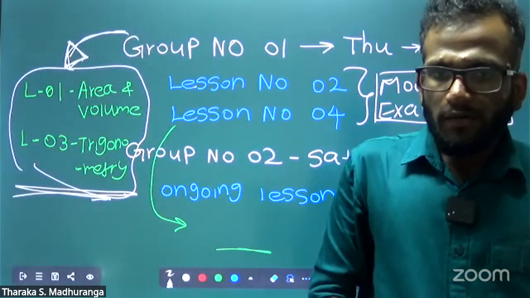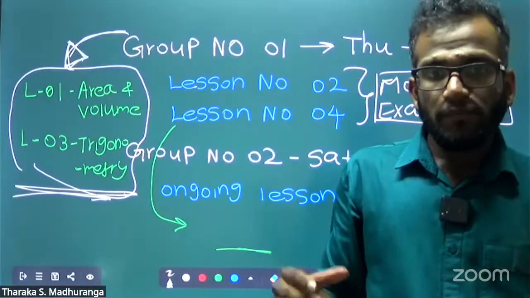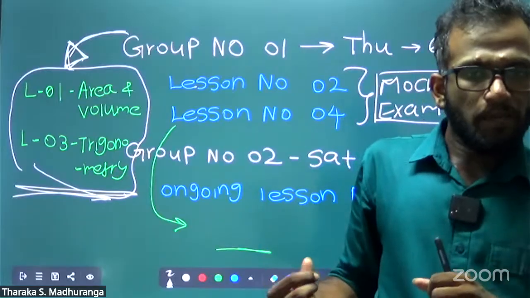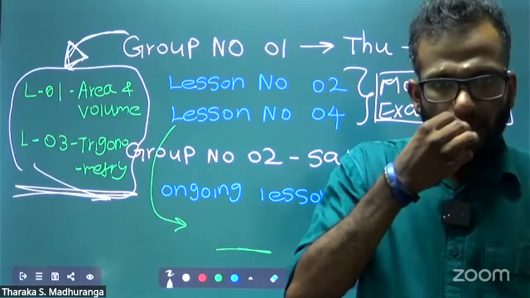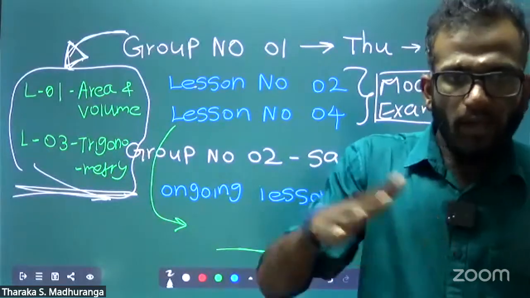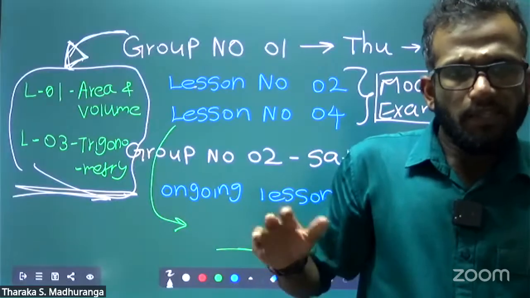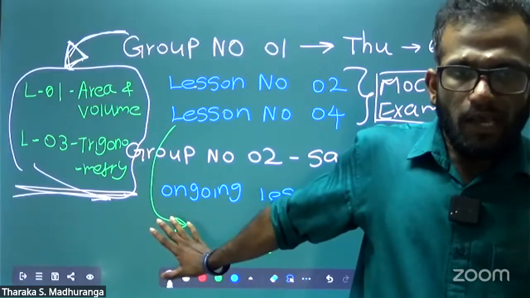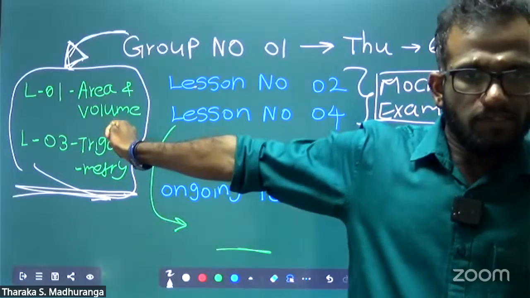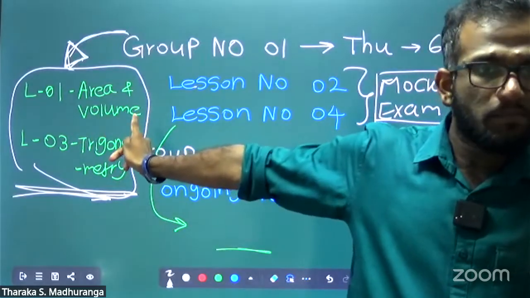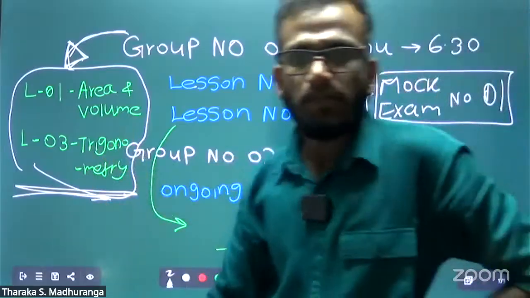I will arrange a time for the same exam for your group as well. Then you and group number 1 will be at the same level, we can stop this class and you can directly join group number 1. That's my plan. Any problem?